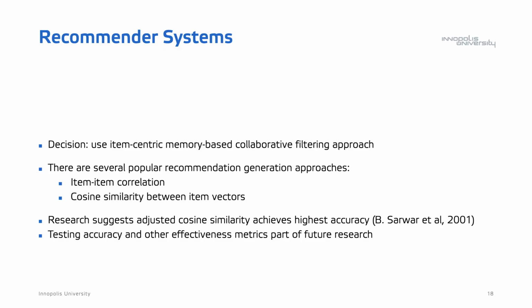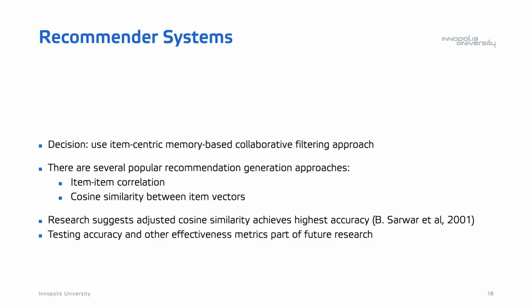Research has shown that adjusted cosine similarity achieves the highest accuracy, but this is to be determined later in our research, when I will be comparing all these methods head-to-head in a specific use case of adaptable dashboards.